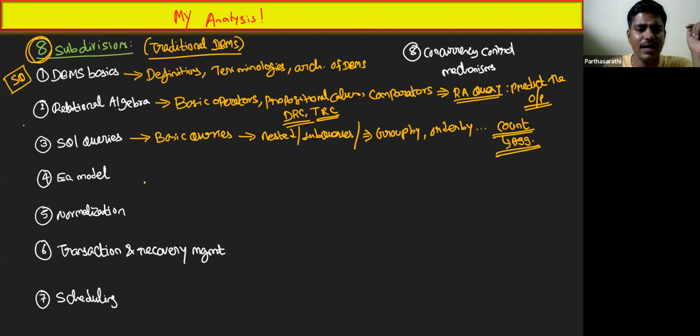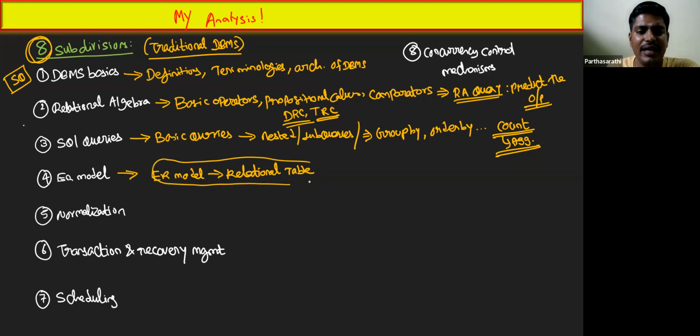Next one is the ER model. That is one of the basic building blocks of database management system, where you have to understand the ER model to relational table conversion. This is one of the fundamental questions that they ask every time.